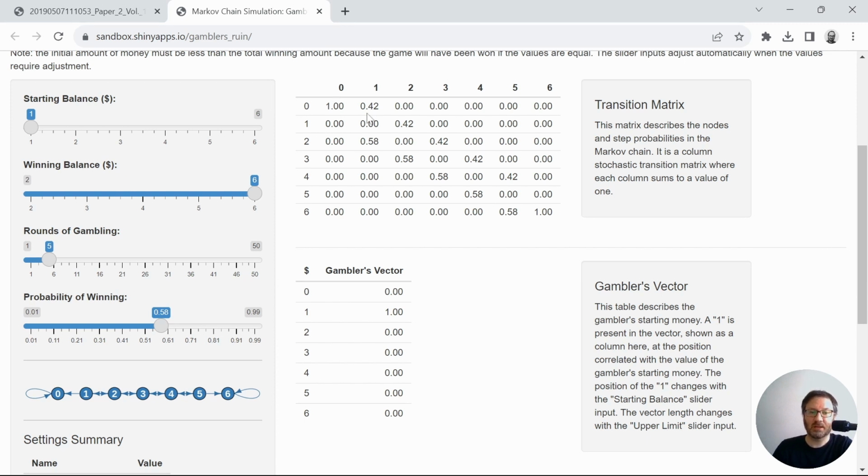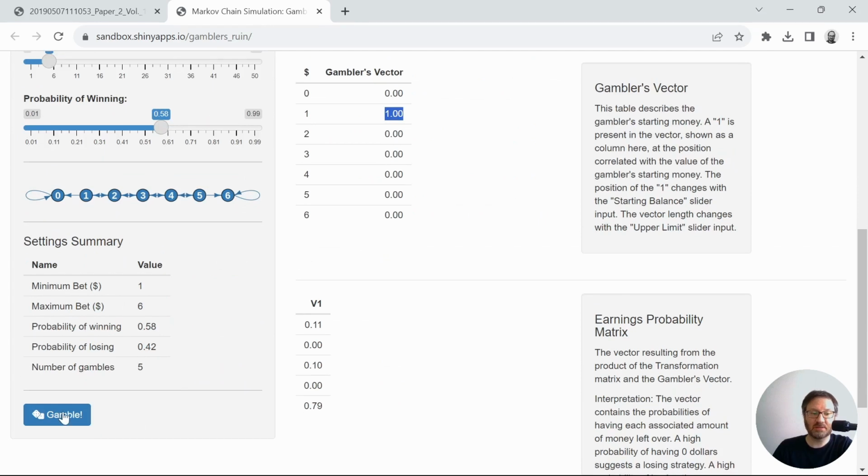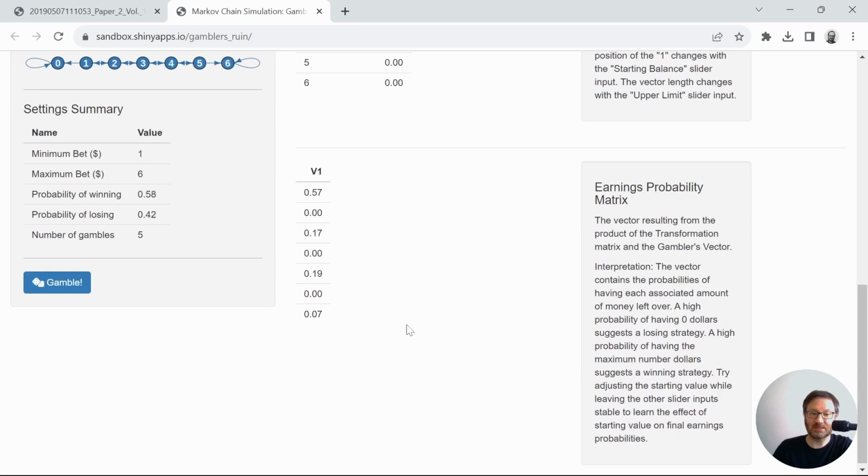We have a combination of winning and losing probabilities for each of those transitions. The gambler's vector has a 1 in the $1 position, and then we can run that and get the output vector, which shows a 57% probability here for losing, actually, for ending up with $0.